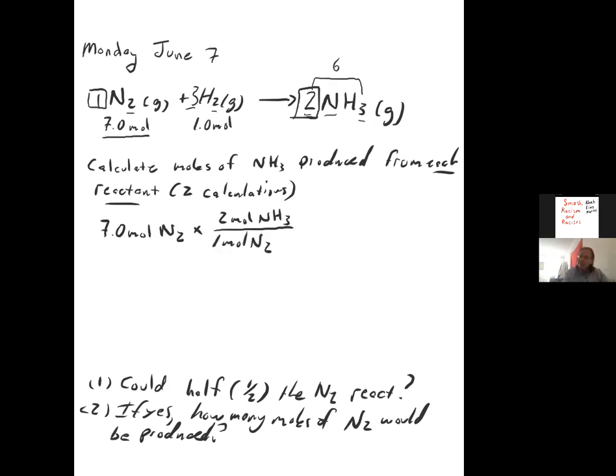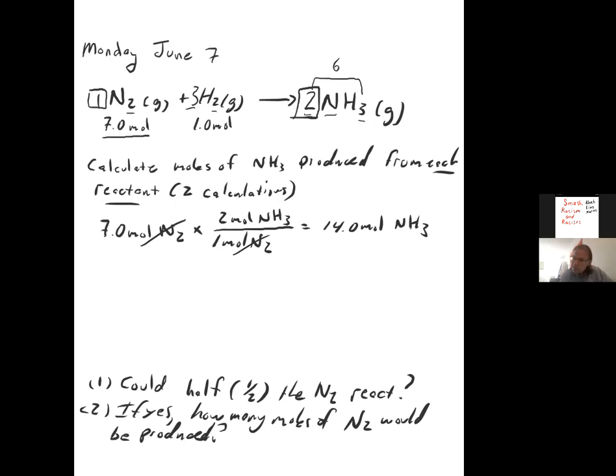I'm using the coefficients just like we talked about in chapter 3.6. Okay, well, what do you get? You get 14, right? So that tells us that if all 7.0 moles of nitrogen react, we will get 14.0 moles of NH3. Okay, that's what that tells us.